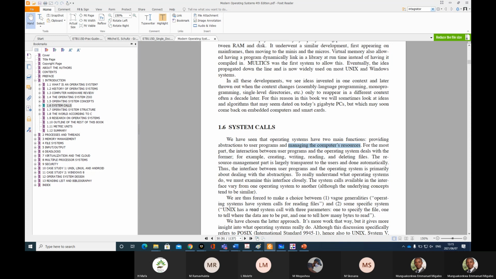For example, Windows has more visuals, graphical user interfaces, which makes it easier to use.